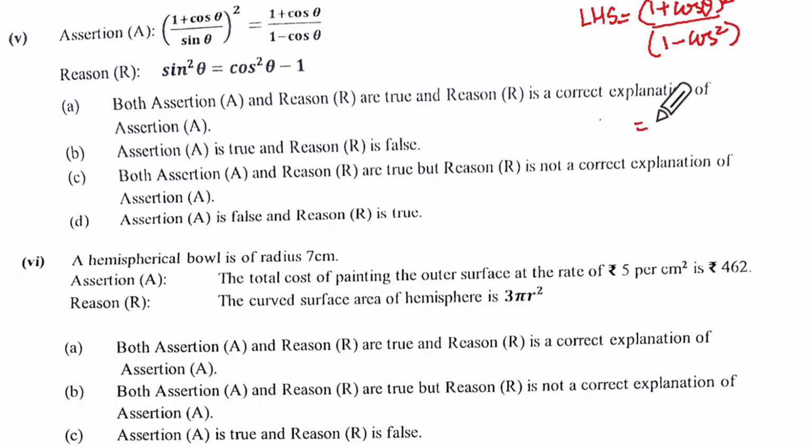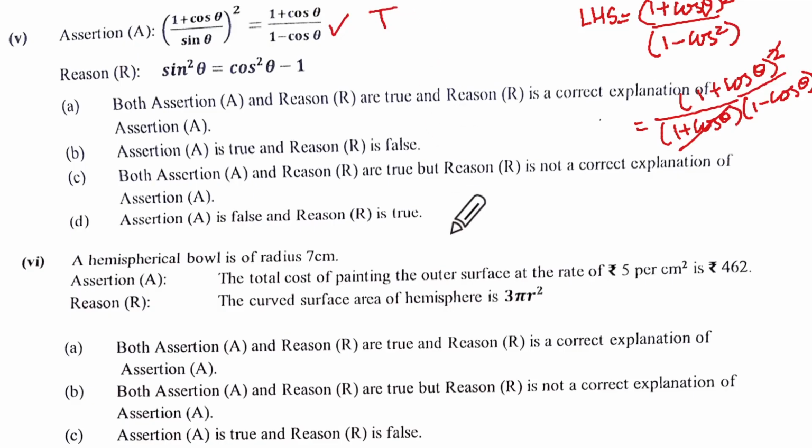Now here, in the denominator, I will write (1 plus cos theta) into (1 minus cos theta). And this is the numerator, (1 plus cos theta) whole square. Now this and this will give me this, correct?